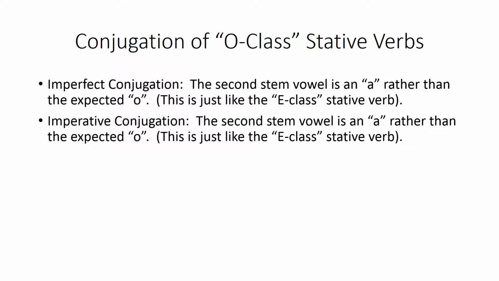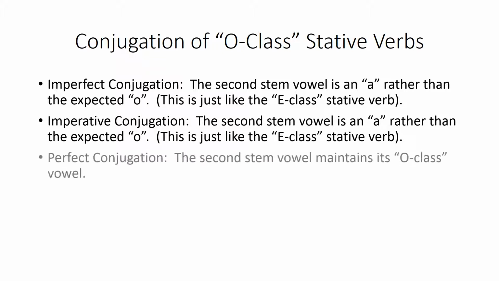In the imperative conjugation, the second stem vowel is an A rather than the expected O. And that is obviously because what happens in the imperfect also happens in the imperative, because the imperative is formed from the imperfect. In the perfect conjugation, the second stem vowel maintains its O-class vowel throughout.